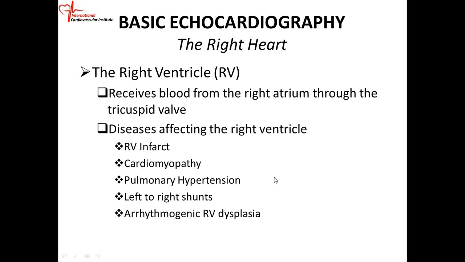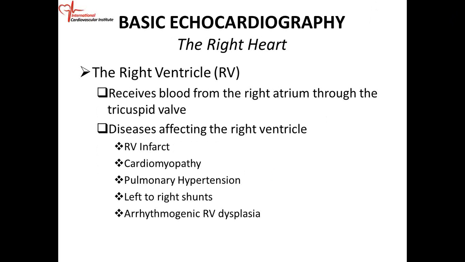All right. So just going over the function of the right ventricle. We know that the right ventricle receives blood from the right atrium through the tricuspid valve. That's a normal function of the right ventricle. So it's a receptacle, it's a reservoir in some respect, but it also contracts.